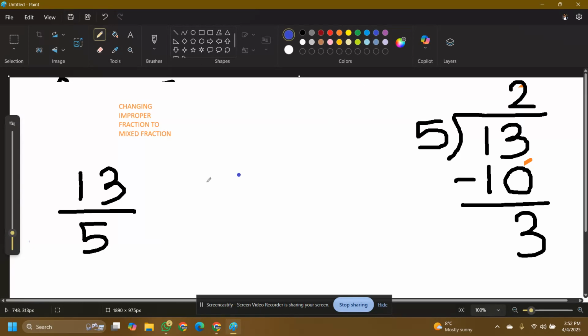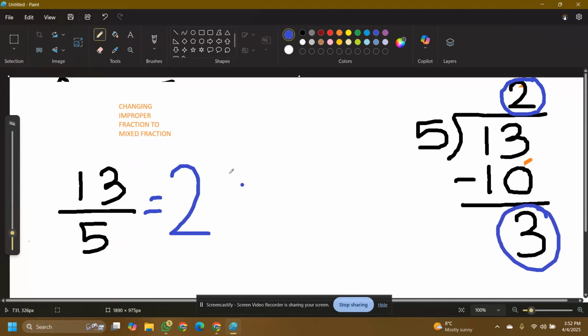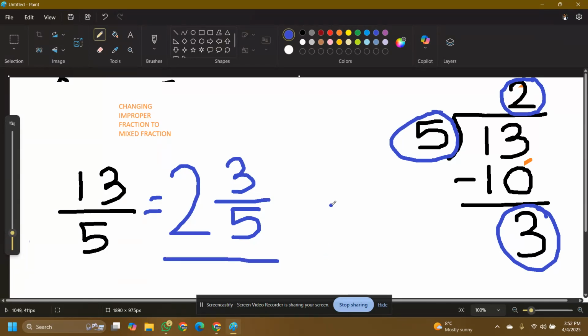So the final answer would be, you are going to write this one first, 2, then this one as the numerator, then over 5. There we go. We have our final answer for changing the improper fraction to the mixed fraction, and the final answer is 2 3 over 5, or you can call it 2 3/5.